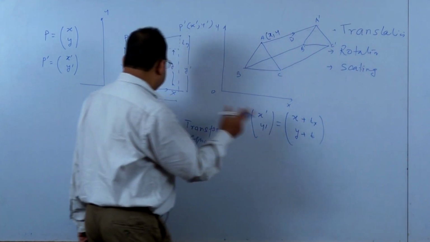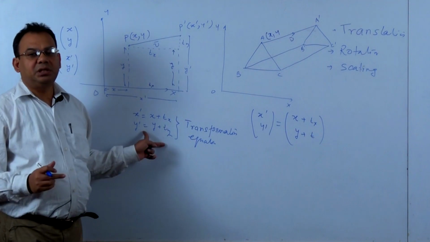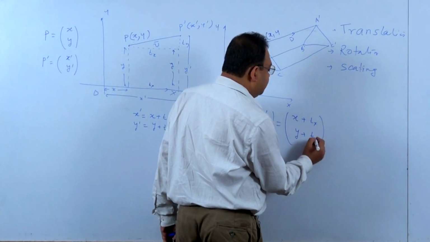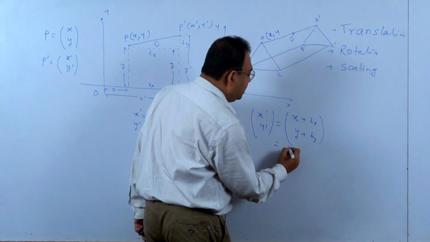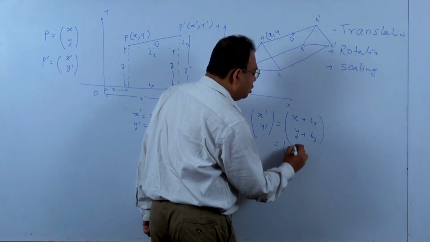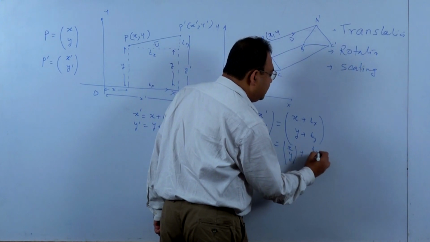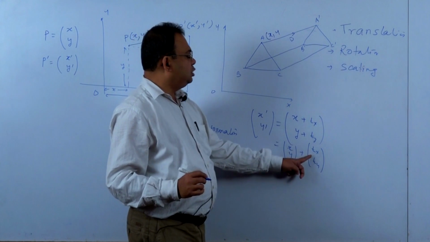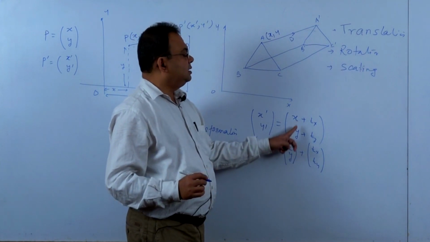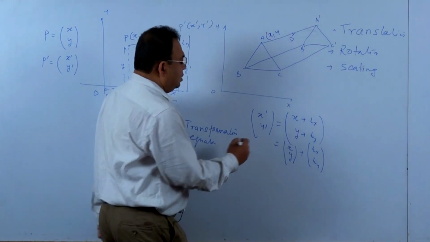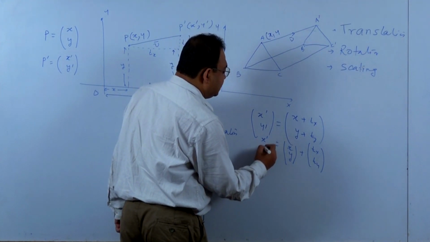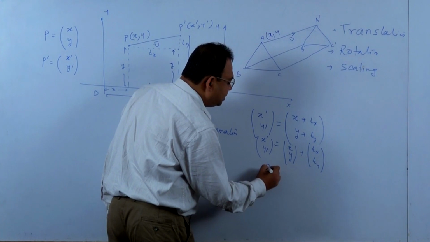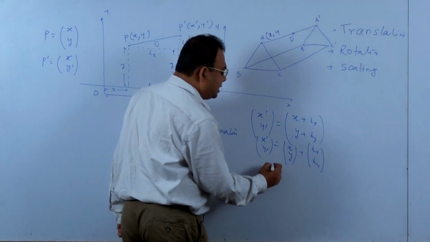So these are the matrix equations corresponding to these transformation equations. Now we can decompose this as the column matrix x, y plus the column matrix tx, ty, because if we add these two column matrices, we get these equations, and the left hand side is x dash, y dash.